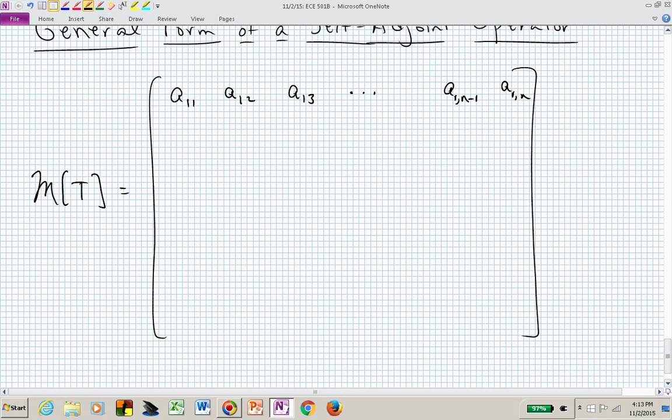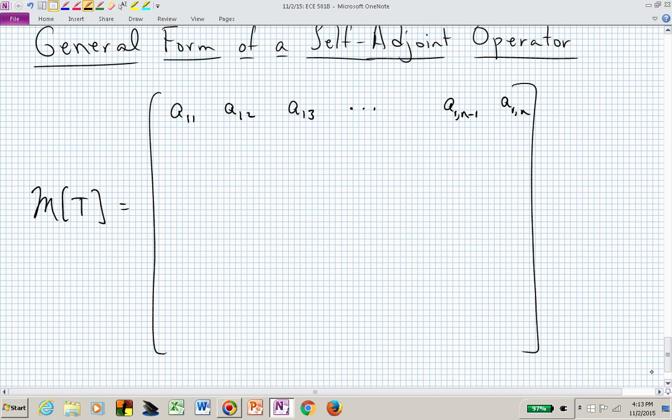Now, if it's a self-adjoint operator, and this is the matrix representation of that, what does that mean about the first column? Or maybe the easiest is, let's worry about the diagonal first.